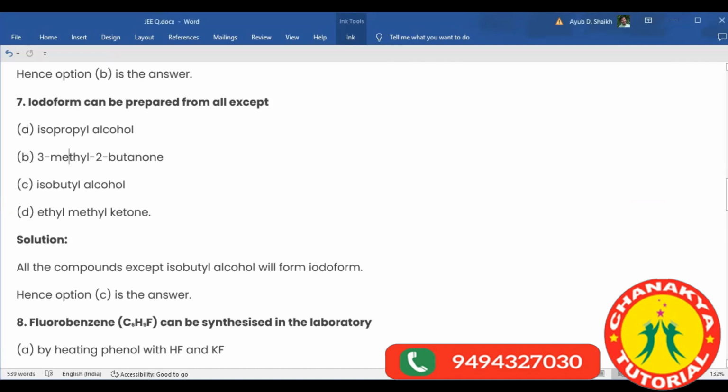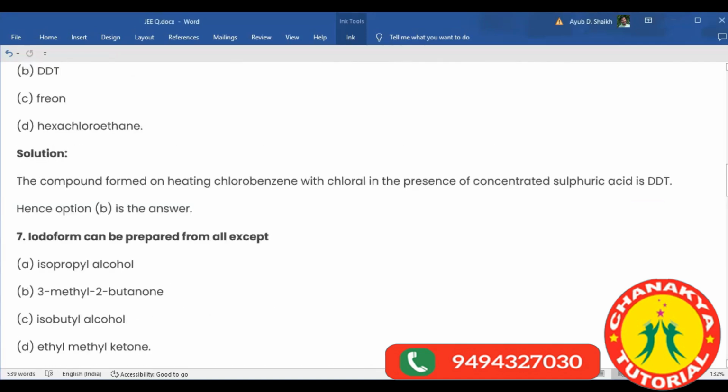Iodoform can be prepared from all except. Iodoform cannot be prepared from. You have to identify. Among all four, three can prepare the iodoform and only one cannot. So which cannot, that you need to identify among the four.